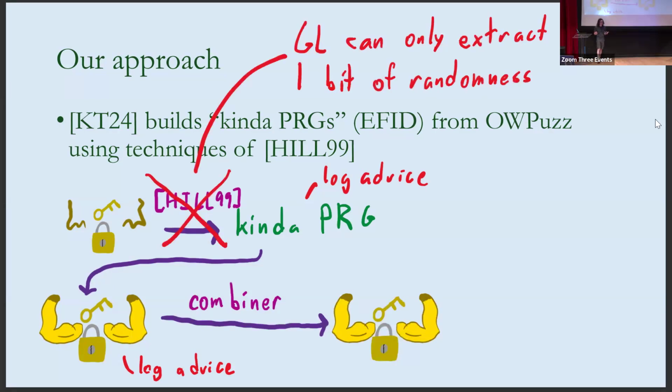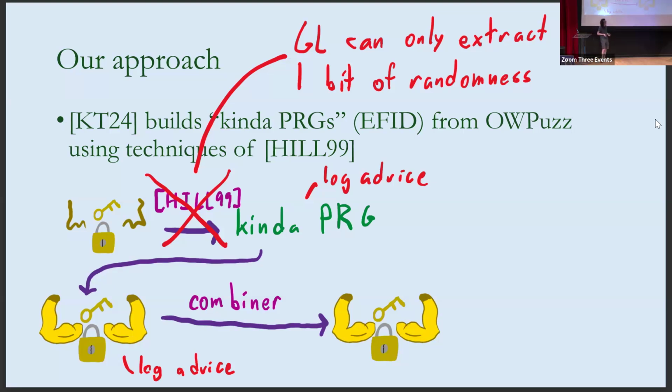But it doesn't. And kind of the very quick intuition here is that Hill requires using Goldreich-Levin to extract logarithmically many bits of pseudo-entropy or bits of randomness from a one-way function or a one-way puzzle. But if we only have weak security, then Goldreich-Levin is only guaranteed to be able to extract one bit of randomness, or perhaps even less than one bit of randomness.